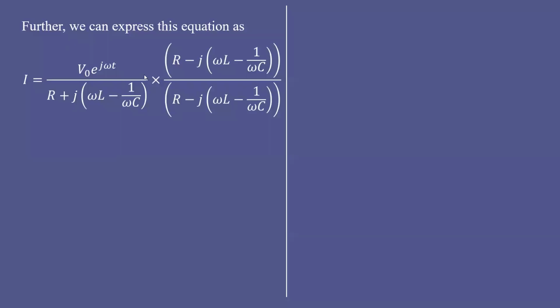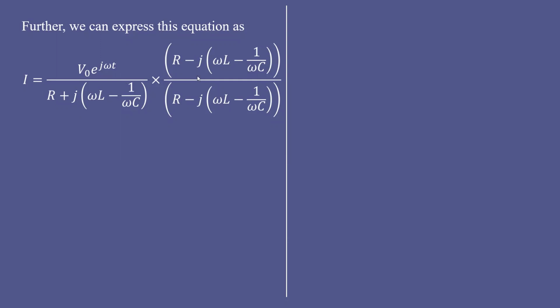What you can do is multiply this term by the complex conjugate of the denominator. What do we mean by complex conjugate? The complex conjugate is obtained by interchanging the sign of the imaginary part. If it is plus, you have to make it minus.